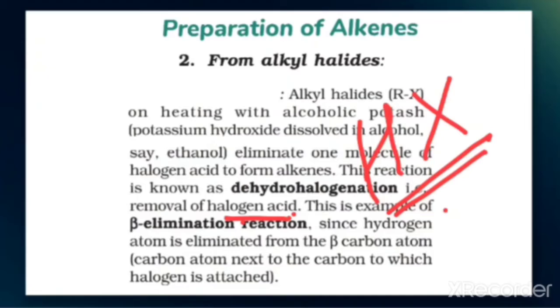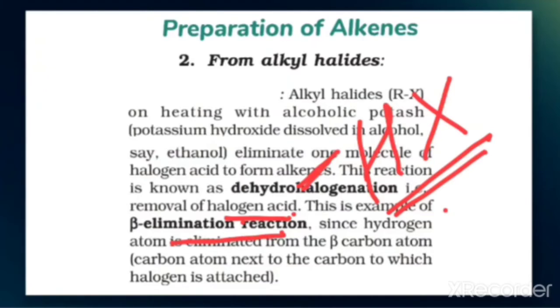And this is also an example of an elimination reaction. Why is such a reaction called elimination? Because there is a removal of a molecule from the main reactant. That's why it is called an elimination reaction. Here there is an elimination, or removal, of halogen acid. Therefore it is an example of an elimination reaction.